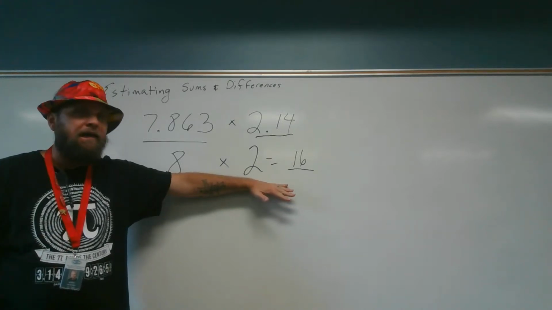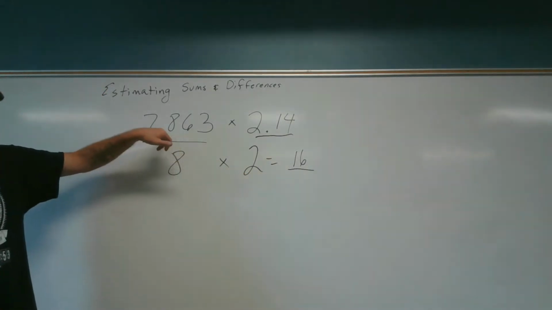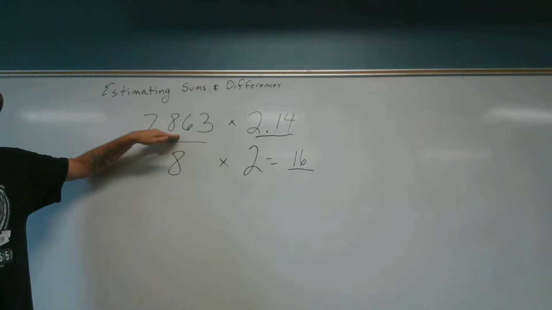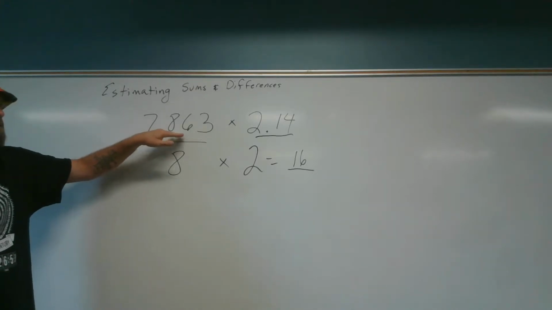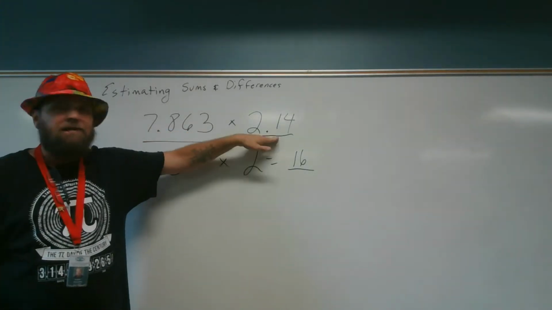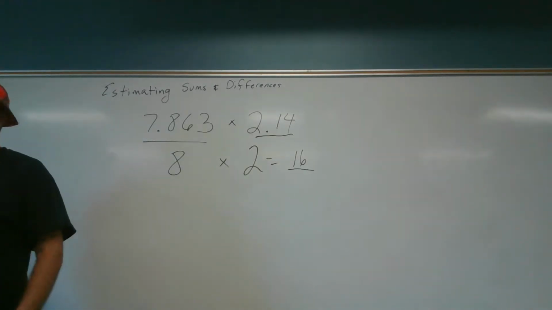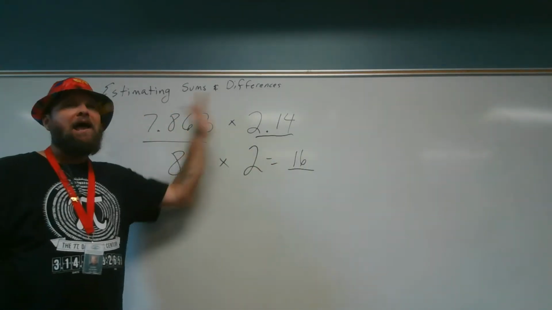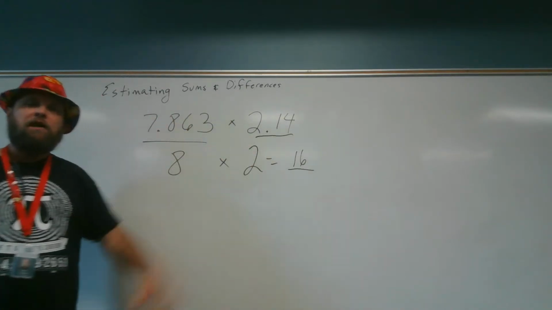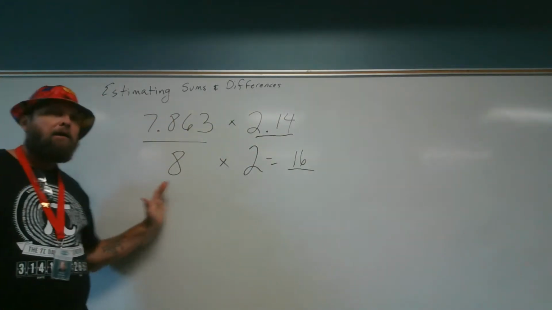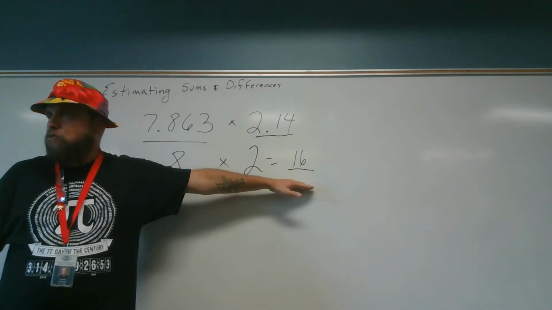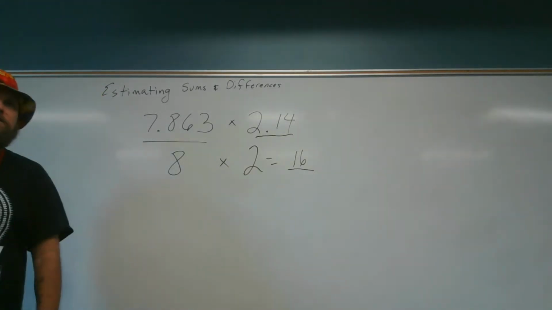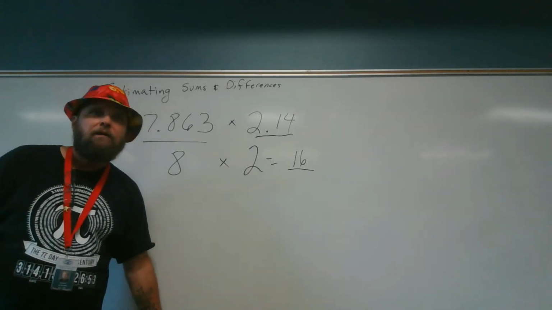It's not going to be exactly 16 because 8 is not exactly 7 and 863 thousandths, and 2 is not exactly 2 and 14 hundredths. But now I know when I multiply these actual factors together, the actual product needs to be near 16.